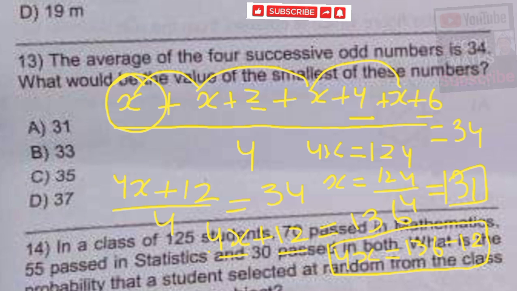So the correct option is 31. If the question told us to find the largest number, then it would have been x plus 6, that is 31 plus 6, equal to 37. But since the question asks about the smallest number, the correct option is 31.